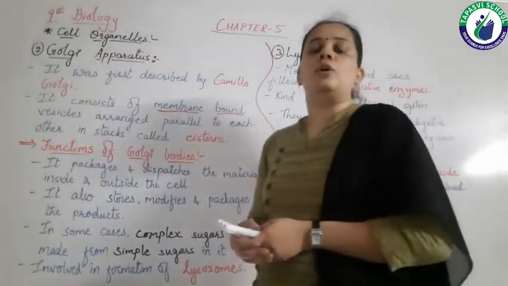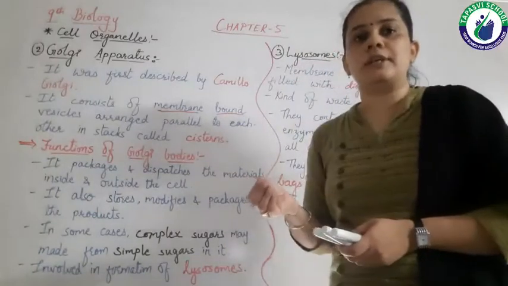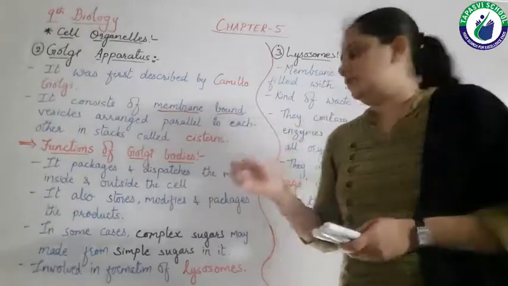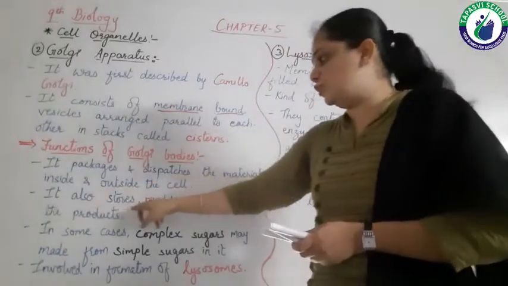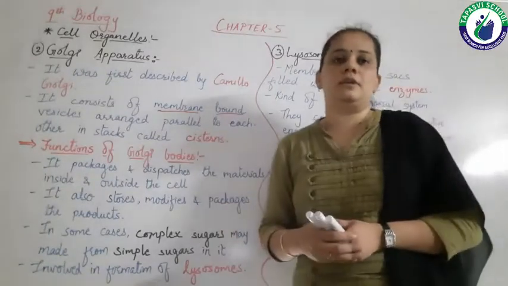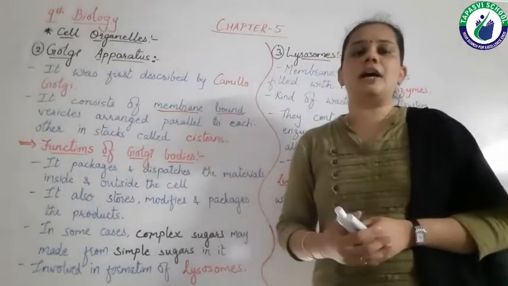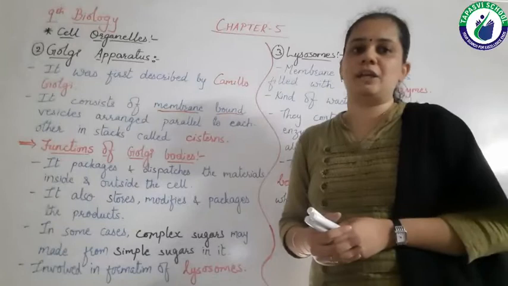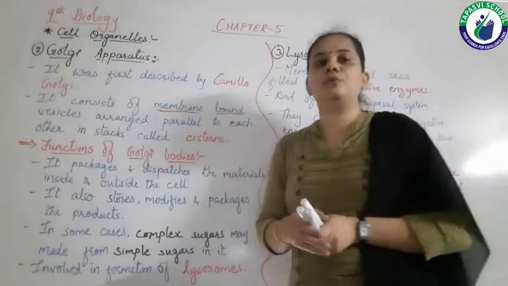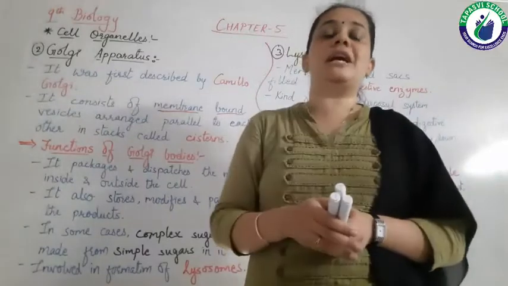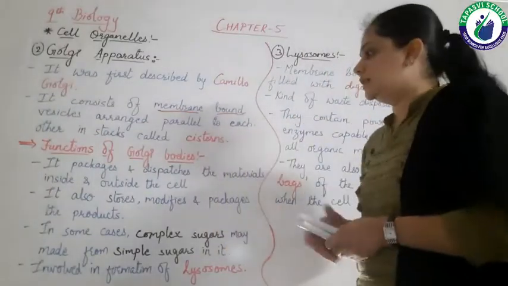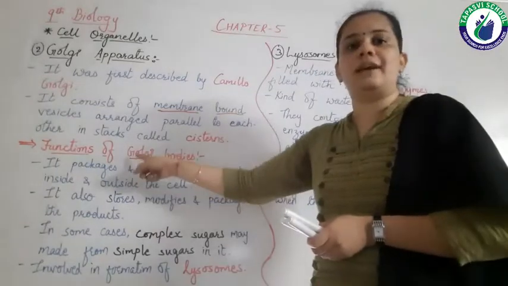It also stores, modifies and packages the products. The products which are formed by the endoplasmic reticulum are stored here. As I told you, the endoplasmic reticulum transports these materials. After transportation, they are stored in the Golgi apparatus.